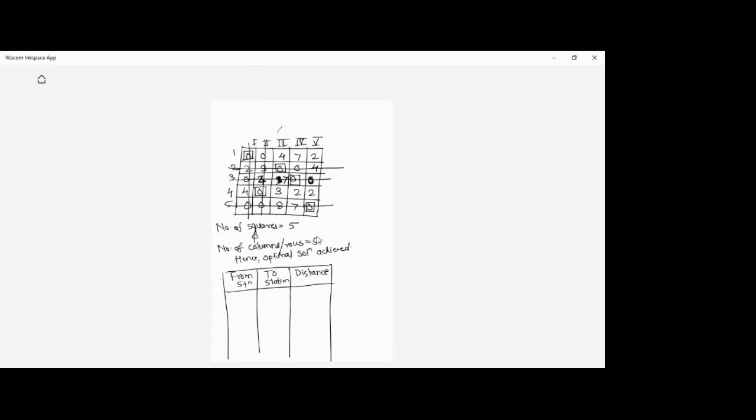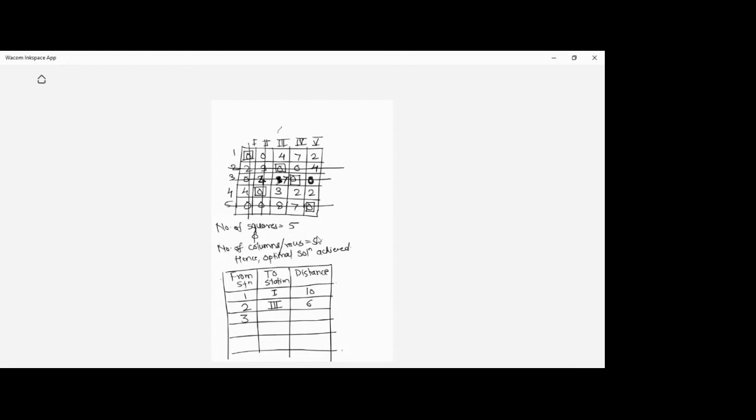So from station number 1, the wagon that is available on station number 1 will be supplied to station number 1 only. So 1 to 1, and the distance that we had was 10 according to our numerical, right? The wagon from station 2 will be transported to station number 3, whose distance is 6 kilometers.